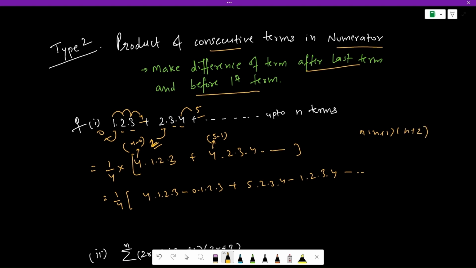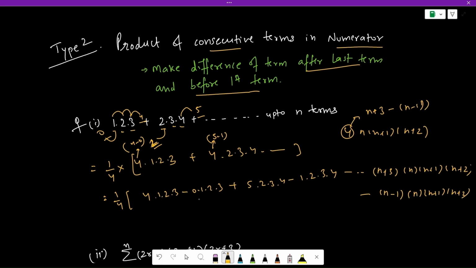So we will write 4 as n plus 3 minus n minus 1. So it will be written as n plus 3 into n plus 1 into n plus 2, minus n minus 1 into n into n plus 1 into n plus 2.